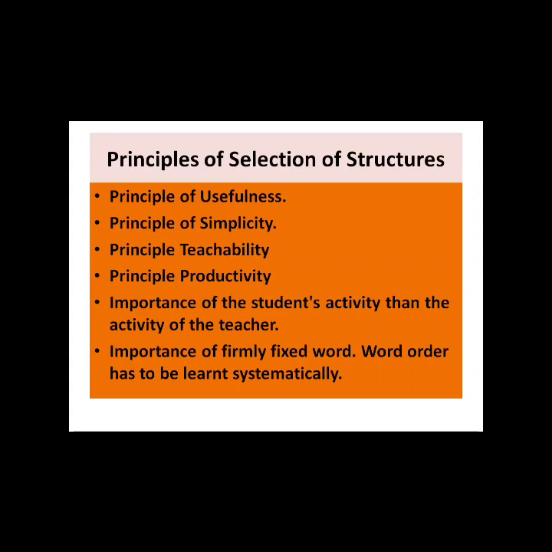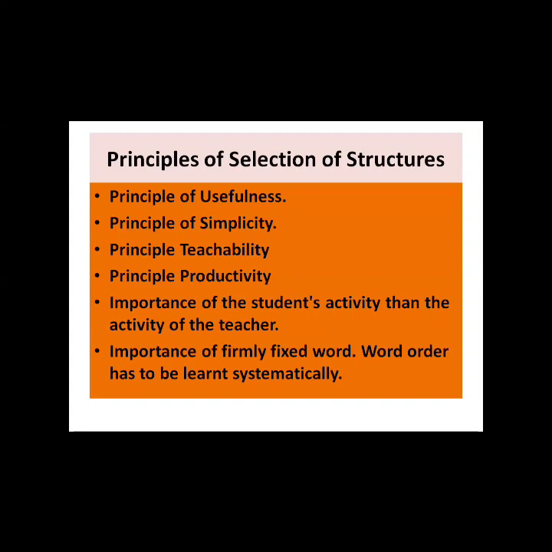Which do not occur frequently should be selected later on. Next is the principle of simplicity, which means the simple structure should be taken first. The structures which are simple and easy to learn should be selected first. For example, a structure like "This is a book" is simple, both in form and meaning.